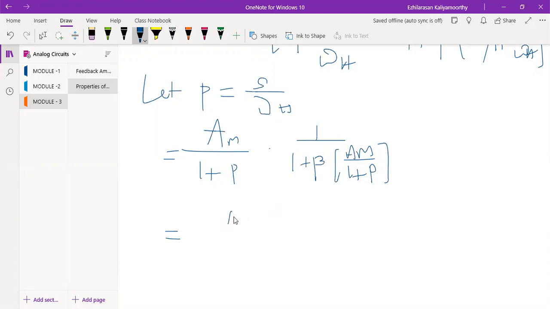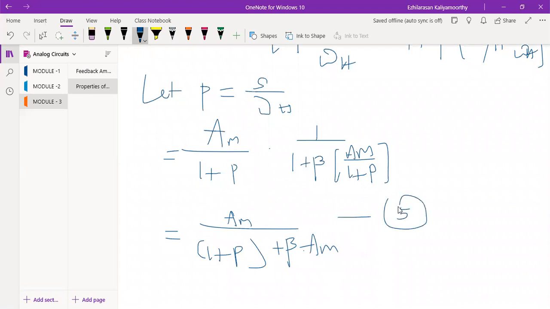So we'll get AM divided by 1 plus P plus beta into AM. Here we get it like this because you multiply this 1 plus P with this 1, then the number will go to the denominator, and this 1 plus P and this 1 plus P get cancelled. So this will be the expression number 5.